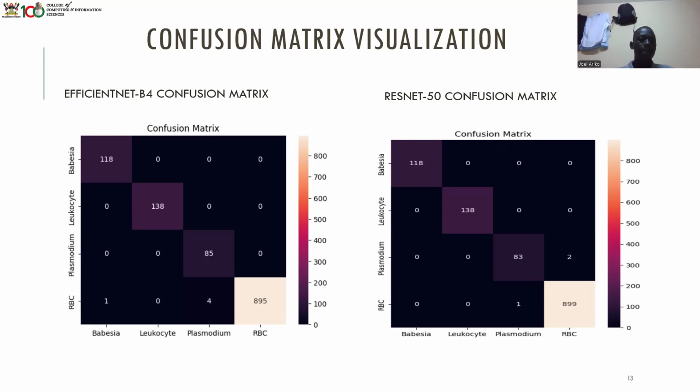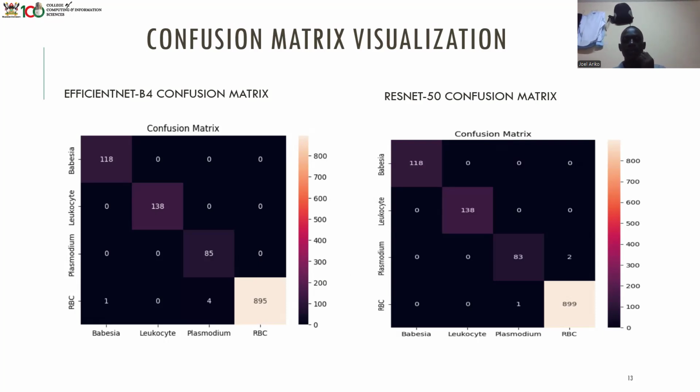Then I'm also seeing four red blood cells classified under Plasmodium, meaning there was a bit of confusion there. The rest were 0, meaning the model performed very well in detecting Plasmodium, Babesia, and leukocytes, and made only slight mistakes in classifying red blood cells.